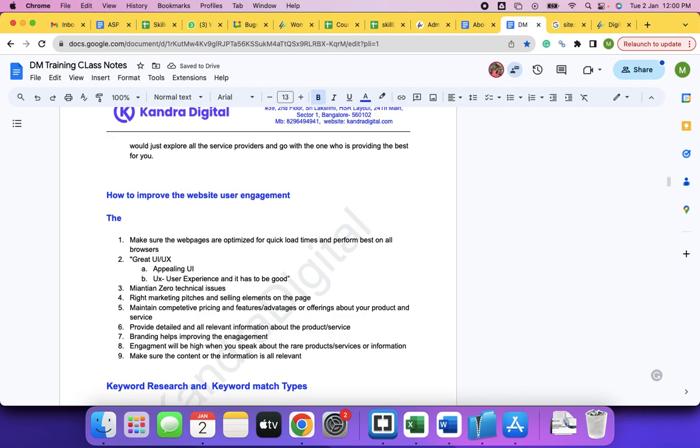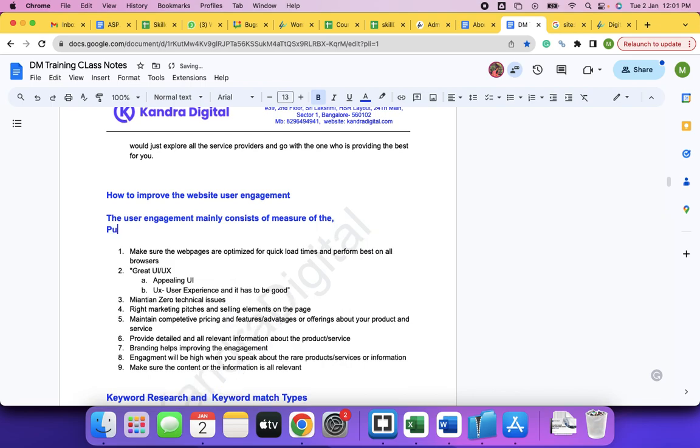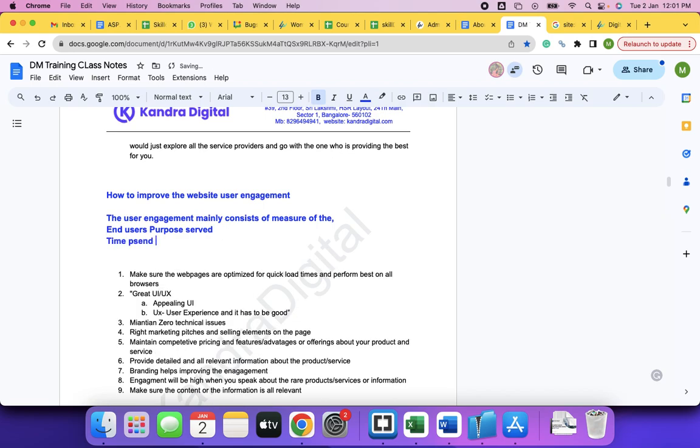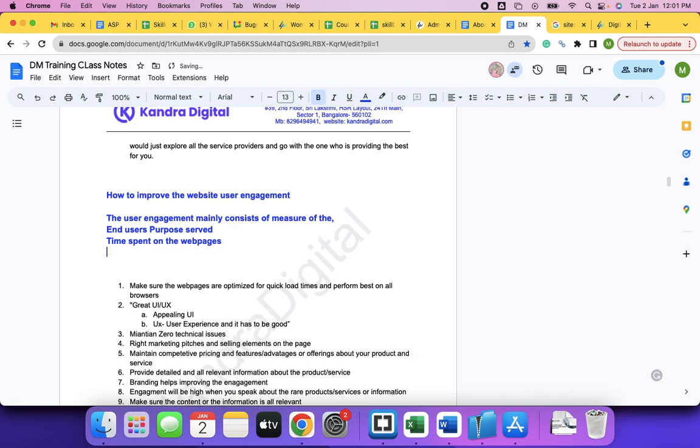How do you measure user engagement? User engagement mainly consists of a measure of the purpose served to the end users: the time spent on the web pages and the number of web pages explored.